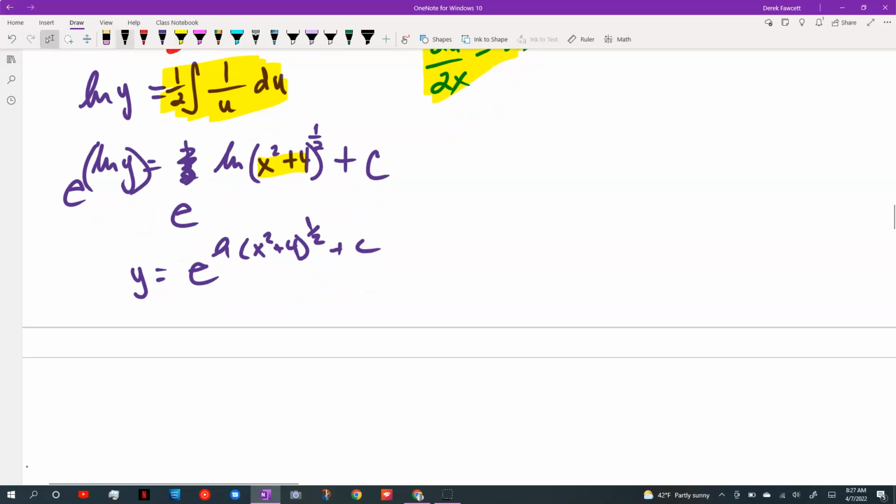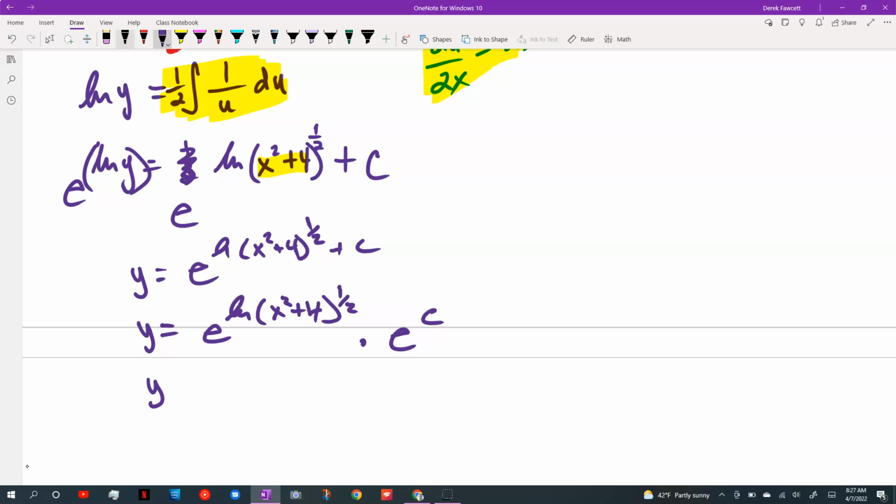Remember, we've done this several times already, but you can separate this on the right side. So it becomes e to the natural log of x squared plus 4 to the 1/2 times e to the c, because when you multiply like bases, you add the exponents. And so we're just applying the opposite of that rule here.